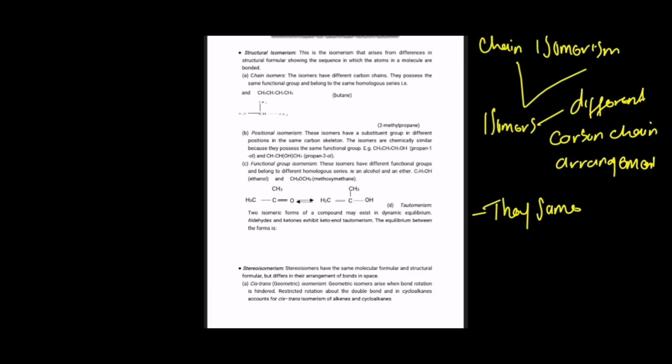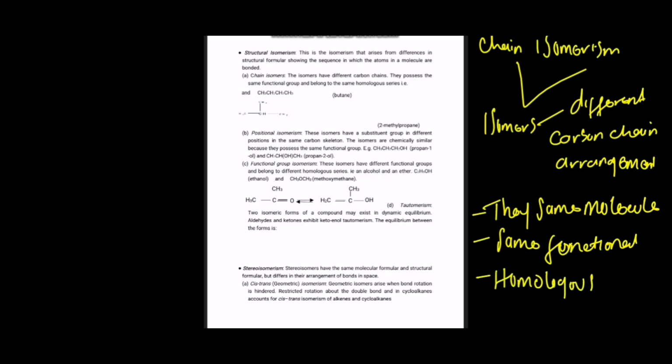In chain isomerism, the compounds have the same molecular formula, the same functional group, and they belong to the same homologous series, but they have different carbon chain arrangements.